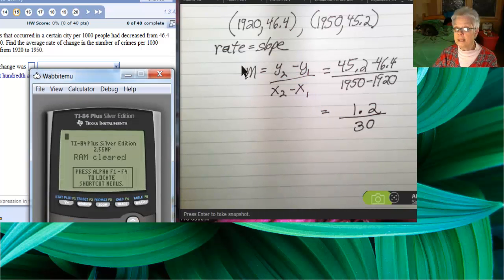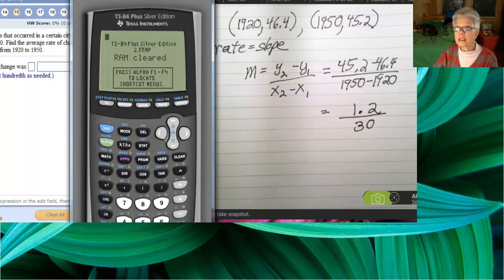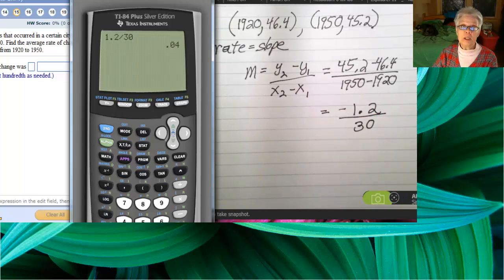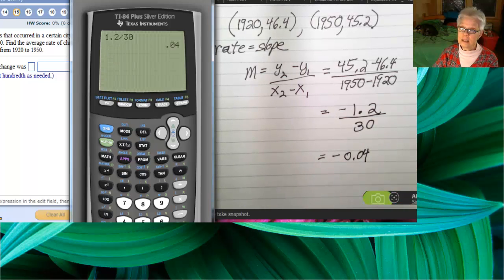Here comes the calculator. It has to be negative because whenever a rate drops, you've got a negative rate. So that will be negative 0.04.